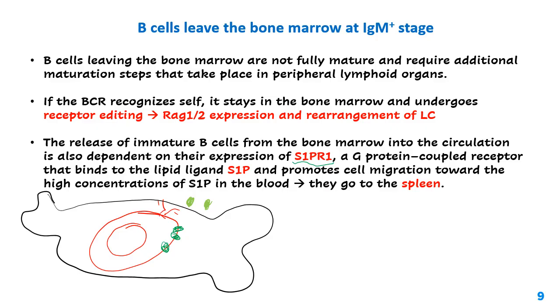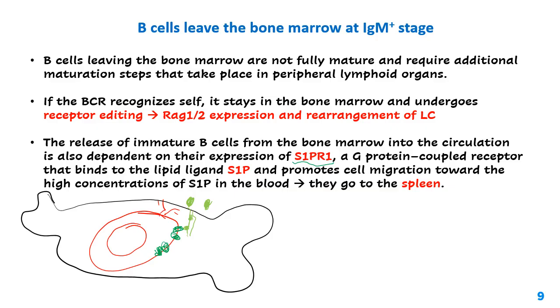Do you have blood in your bone? Oh yeah, the bone is highly vascularized. So you have blood vessels coming here, and this is going to call on this receptor because you're going to start binding to it. And the more receptors you have, the more binding you're going to get to the S1P that is in the blood.